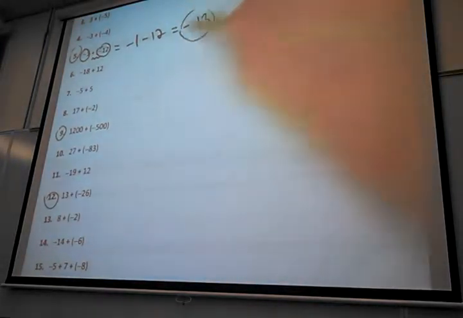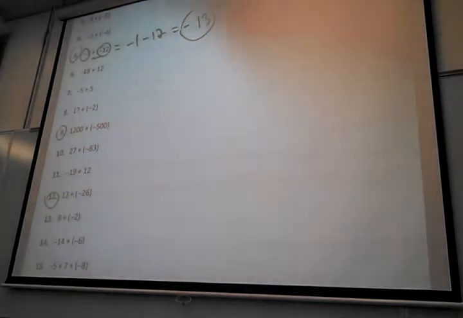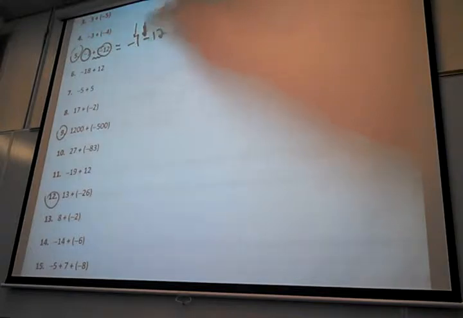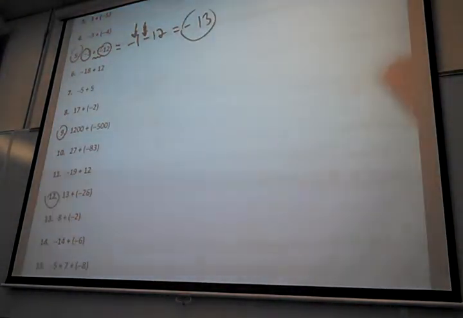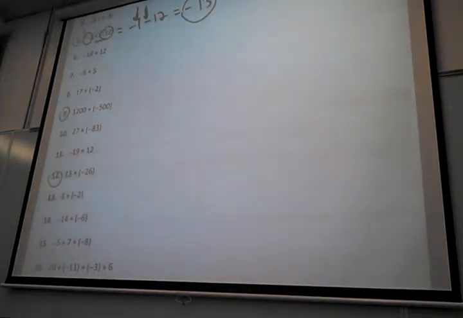So either way you look at it, it should come out to be -13. My way would say they're both negative, so you add them, and you put the sign back on, that's -13. Is that good? Okay. What about number 9?